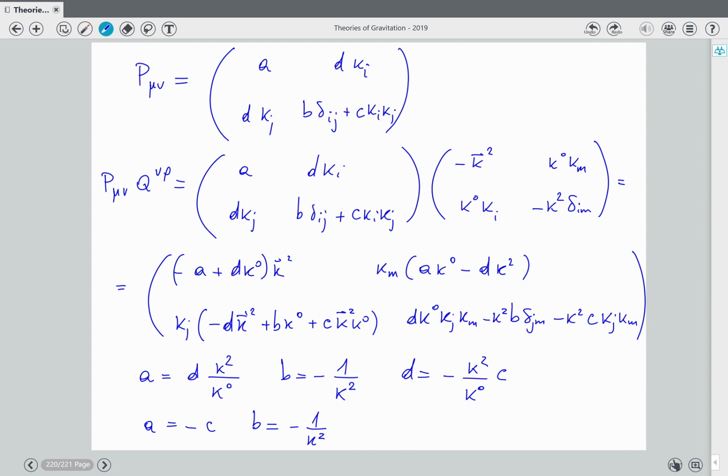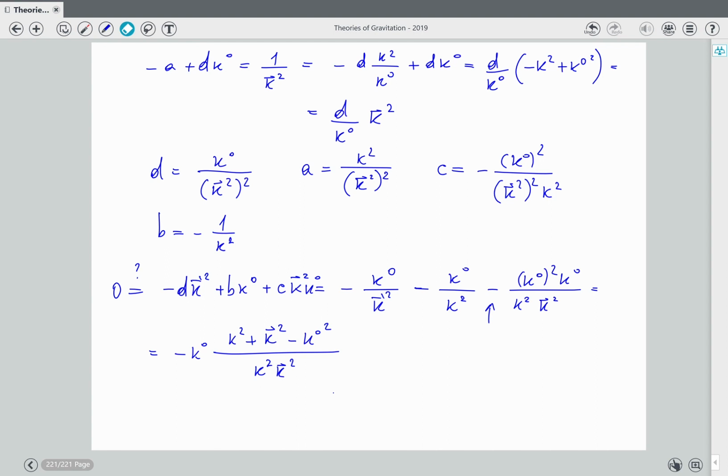Okay, let's hope for that. Then you have that D should be, no, this is wrong because there is a minus here. I have to put this equal to 0, so D has the wrong sign, which is what gives the correction.